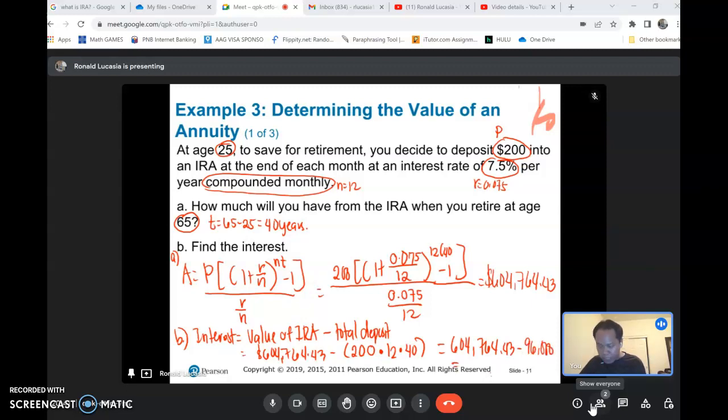The interest will be 508,765. With that, it is more than 5 times the amount of your contribution.